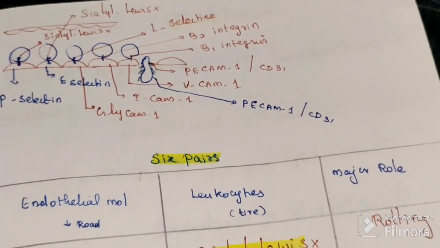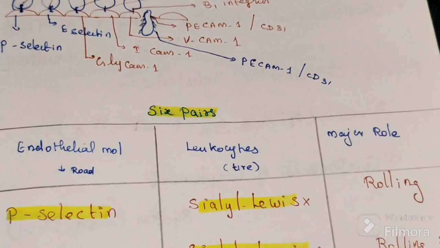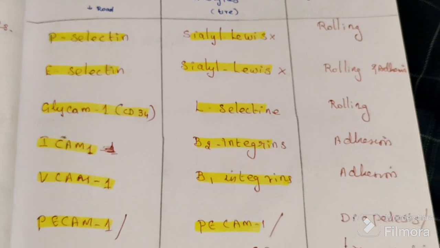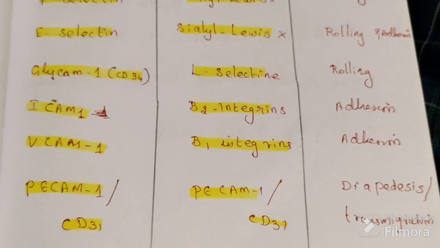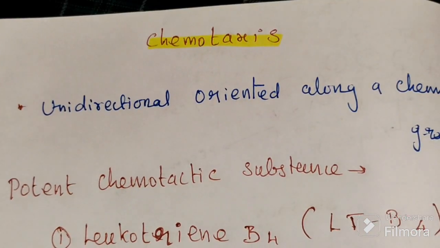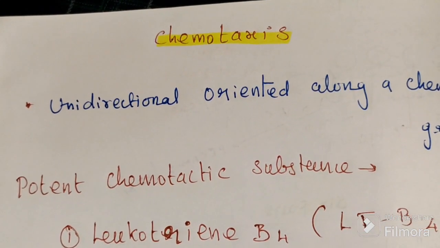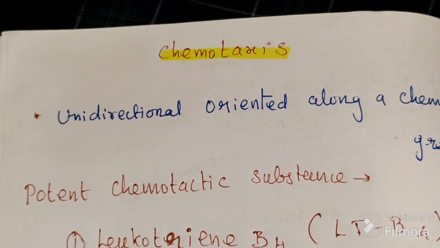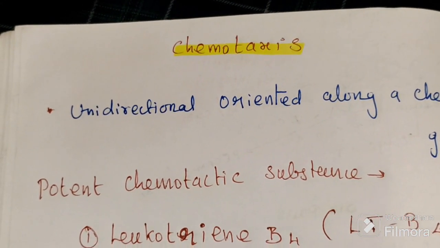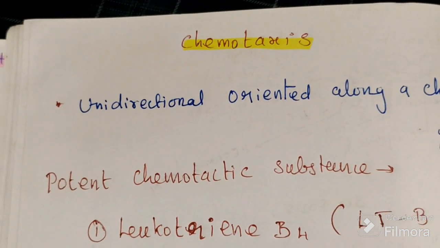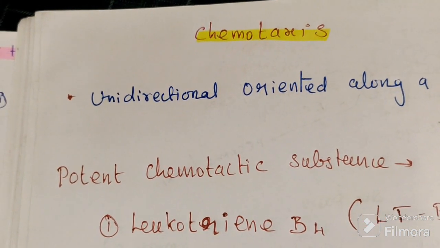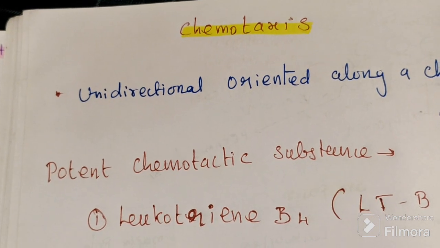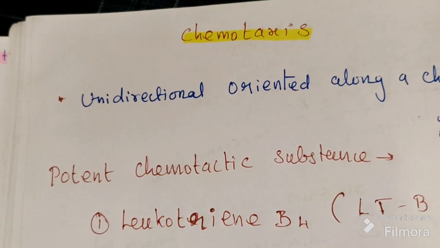After that the bacteria secrete chemicals. That process is called chemotaxis. The bacteria secrete chemicals, and those chemicals attract the WBC. This is unidirectional motion. What are the four chemicals?